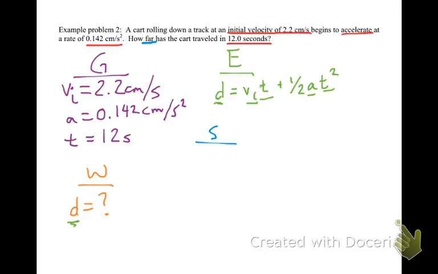Substitution with units. So yes, this will be lengthy. So VI is 2.2 centimeters per second times 12 seconds plus 1/2 times 0.142 centimeters per second squared times 12 seconds.